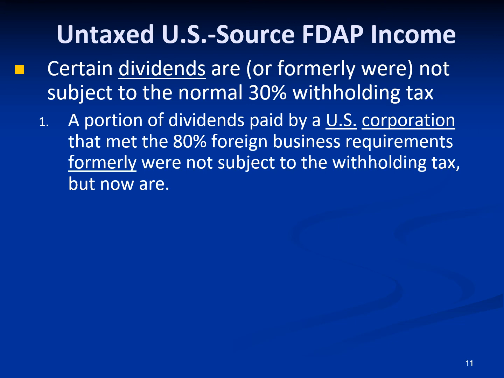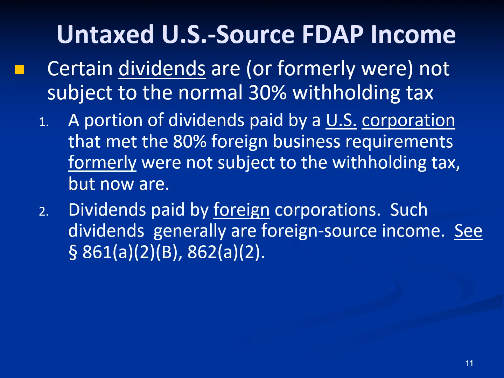Specifically, the corporation had to meet the 80% foreign business requirements, and if those requirements were met, then a portion of the corporation's dividends was not subject to the normal 30% withholding tax. However, Congress has repealed those provisions, and now, even if a U.S. corporation meets the 80% foreign business requirements, dividends it pays are subject to the normal 30% withholding tax.